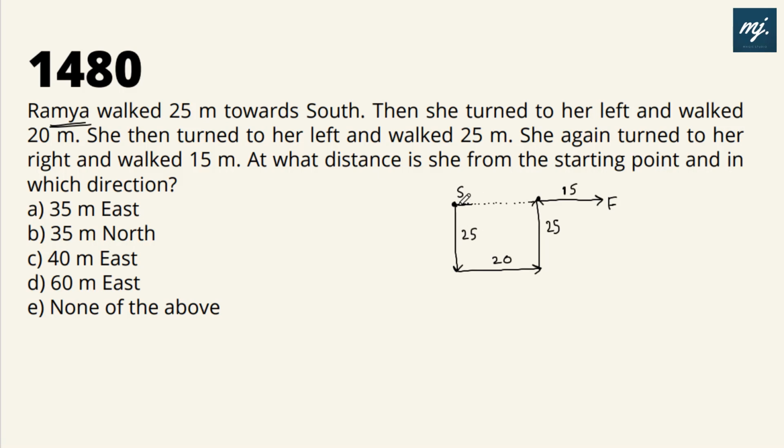So we can see that this was the horizontal distance of 20. So this total distance is 20 plus 15, that is 35 meter. And if this is the starting point, it is towards east. So at what distance is she from the starting point? 35 meter. And in which direction? East. 35 meter east. Option A fits in.